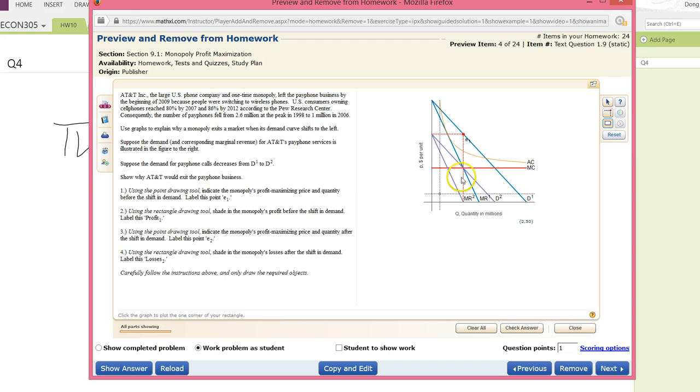So now I can choose, using the rectangle drawing tool, to shade in the monopoly's profit before the shift in demand. I click on the rectangle tool, and I just need to pinpoint two points across from each other.